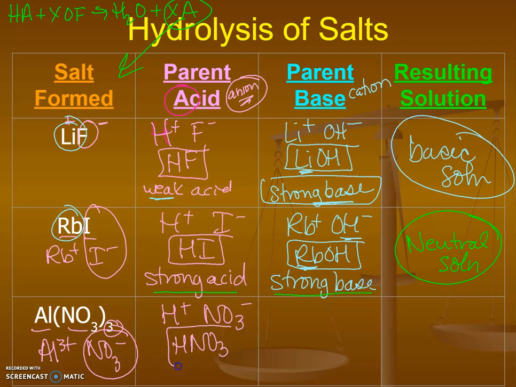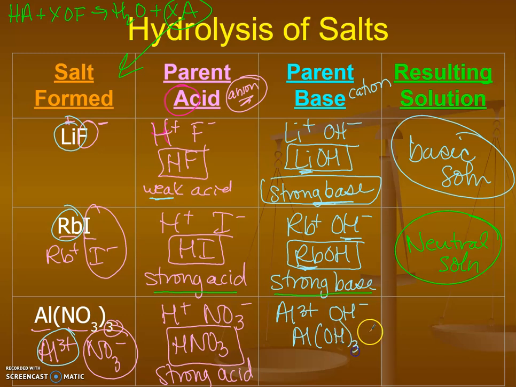HNO3 is nitric acid, that's one of my strong acids, so strong. And then I have Al3 plus and my hydroxide. Aluminum is in column 13. It is not in column 1 or 2. This is my weak base.